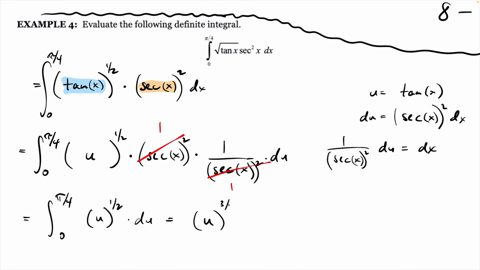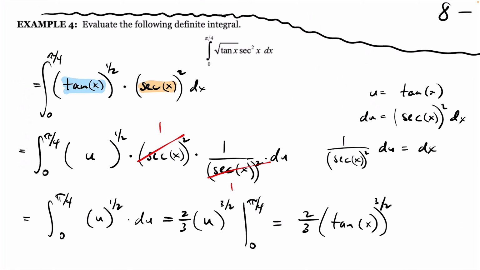So we get 3 over 2 divided by 3 over 2, which is just 2/3. And I've got to evaluate it from pi over 4 to 0. Put u back in. u is just tangent. Tangent of x to the 3/2 power, sorry. Evaluate it from pi over 4 to 0.